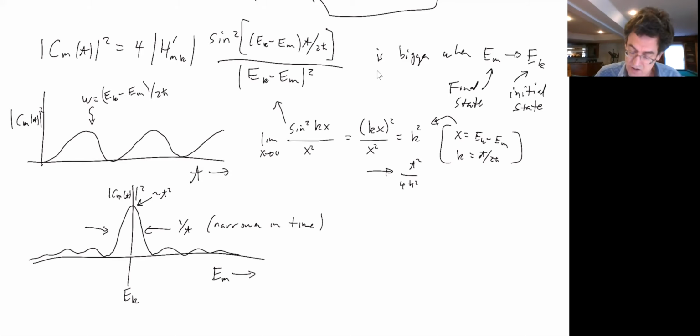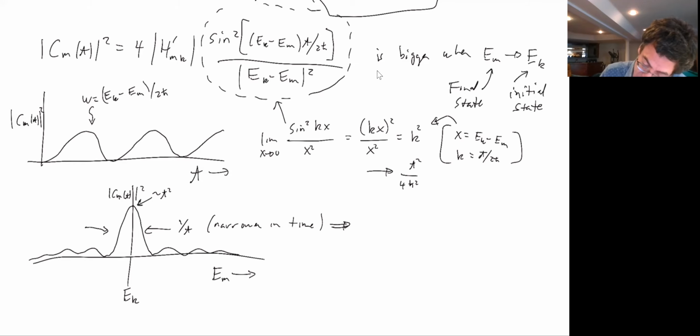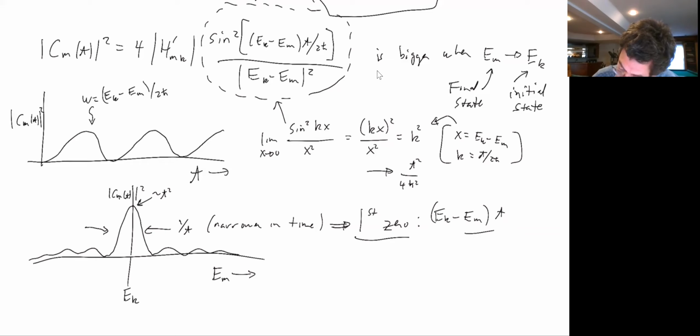All right, so that shows you how it gets taller, but the narrower in time part comes from the fact that this function has a sine function there, and so the first 0 of that function is when ek minus em times t over 2h bar equals pi, right?